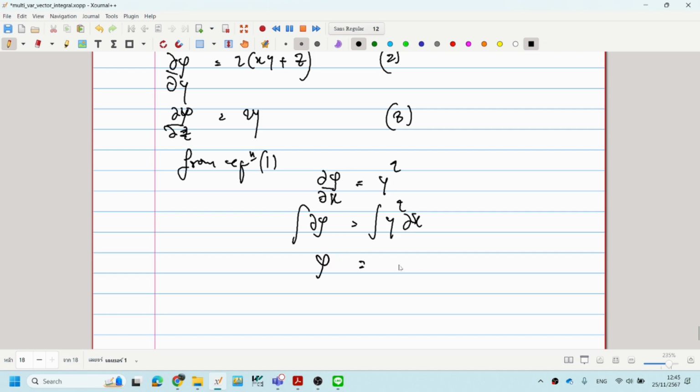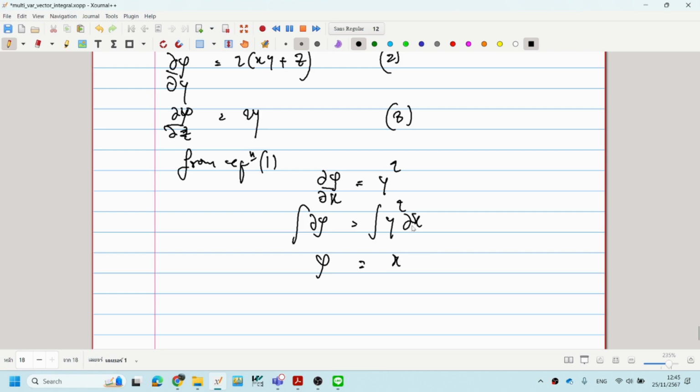Integral with respect to x, and keep y constant, because x does not relate to y.